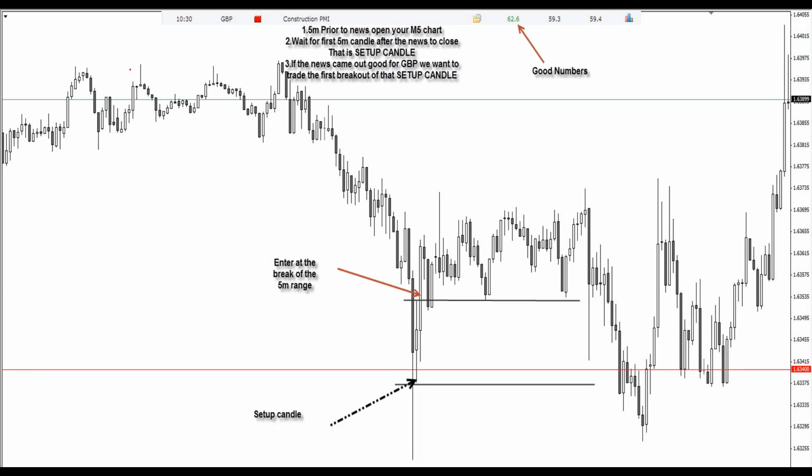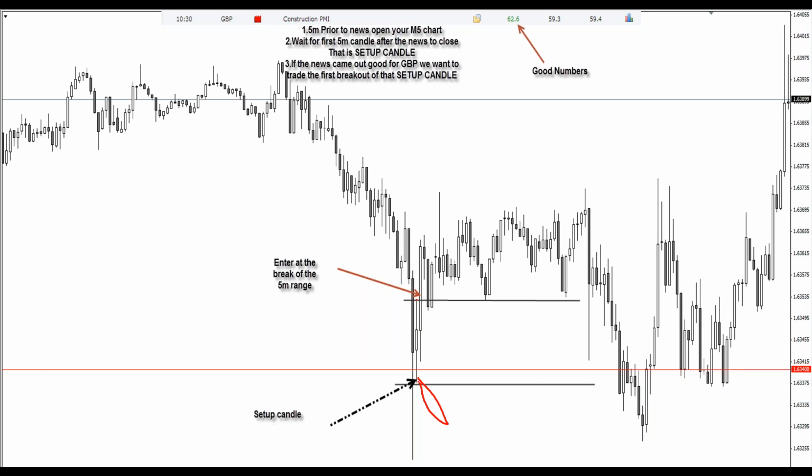Why? You see here, guys, this was obviously downtrend here. So generally the trend was to the downside. And let's say that 1 hour and 4 hour are also going down. News spike will give you this single opportunity to go long. So this is the setup candle, 5 minutes after the news, this candle.